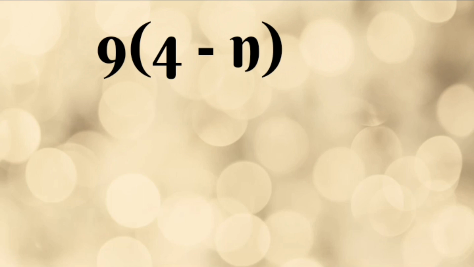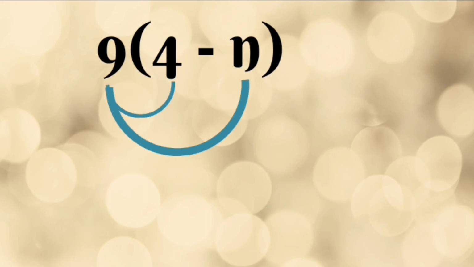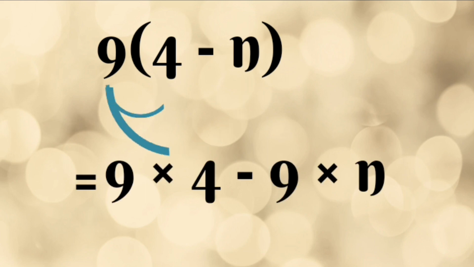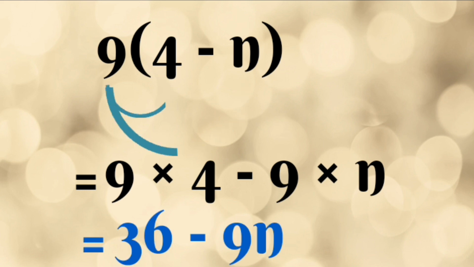To remove the brackets from this algebraic expression, you use the term outside the brackets to multiply each term inside the brackets. 9 will multiply 4 and 9 will multiply minus n. Did you get this? So 9 times 4 is equal to 36 and 9 times minus n is equal to minus 9n. This is the required answer.